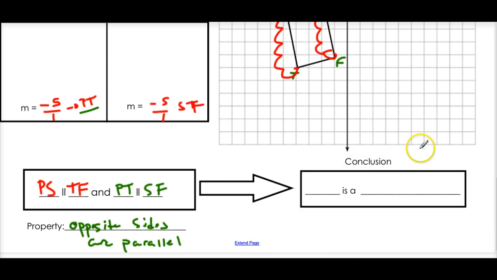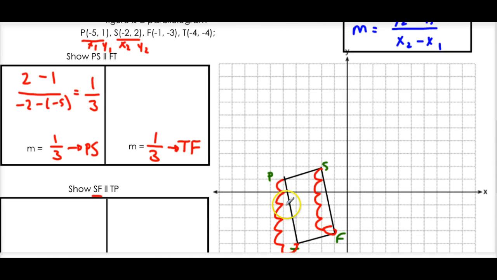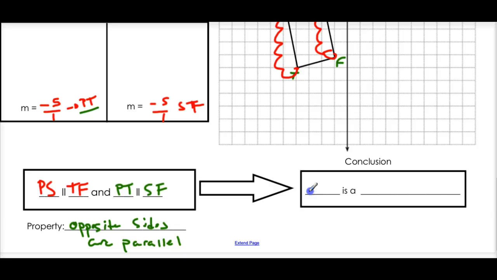So the conclusion that we reach, because opposite sides are parallel, is that this quadrilateral PSFT is a parallelogram. All right, we proved it by using this property.